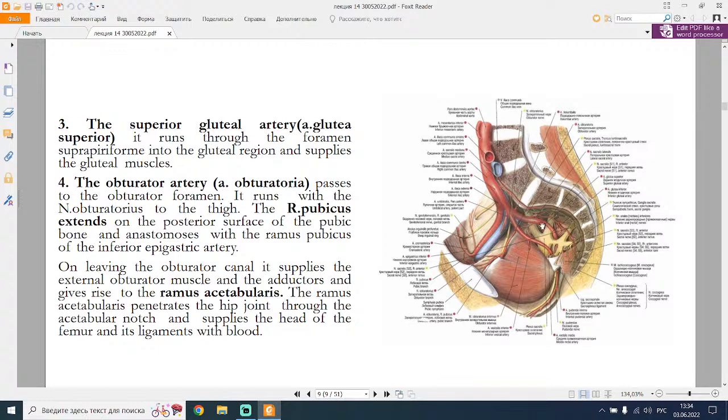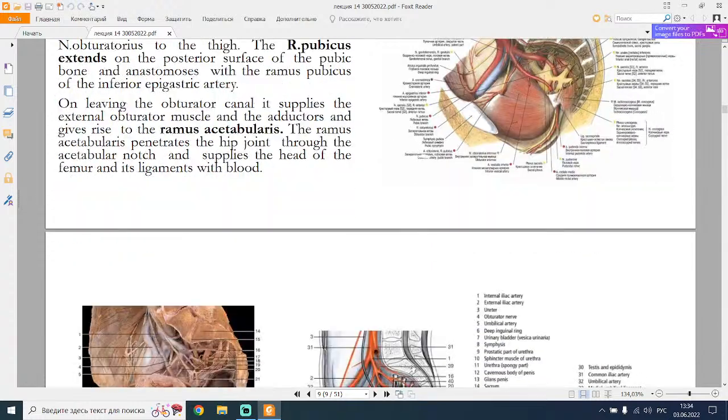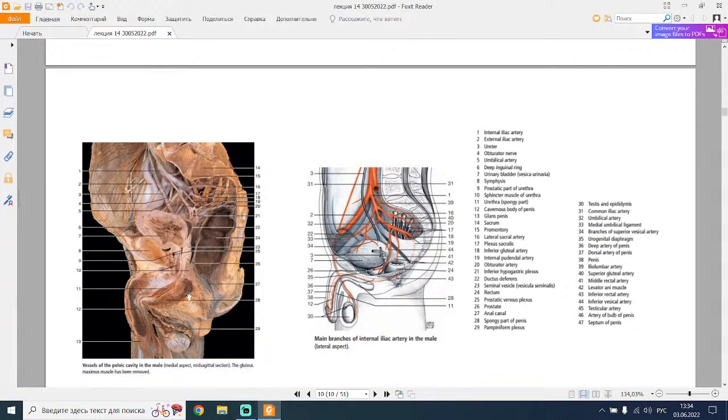Arteria glutealis superior, arteria glutealis inferior.